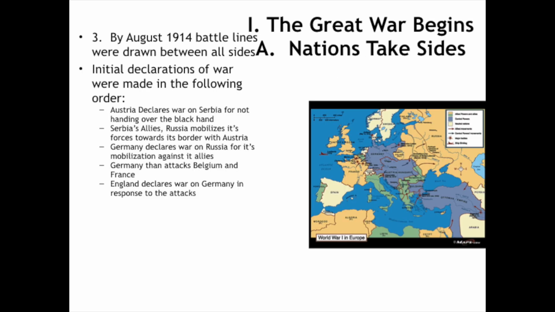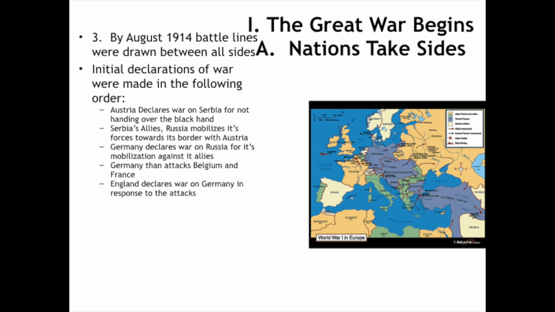So how did the war start? Essentially, by August 1914, battle lines were drawn between all sides, and the initial declarations of war were made in the following order. First, Austria declares war on Serbia for not handing over the Black Hand. Secondly, Serbia's ally, Russia, mobilizes its forces towards war by moving them towards the border with Austria.